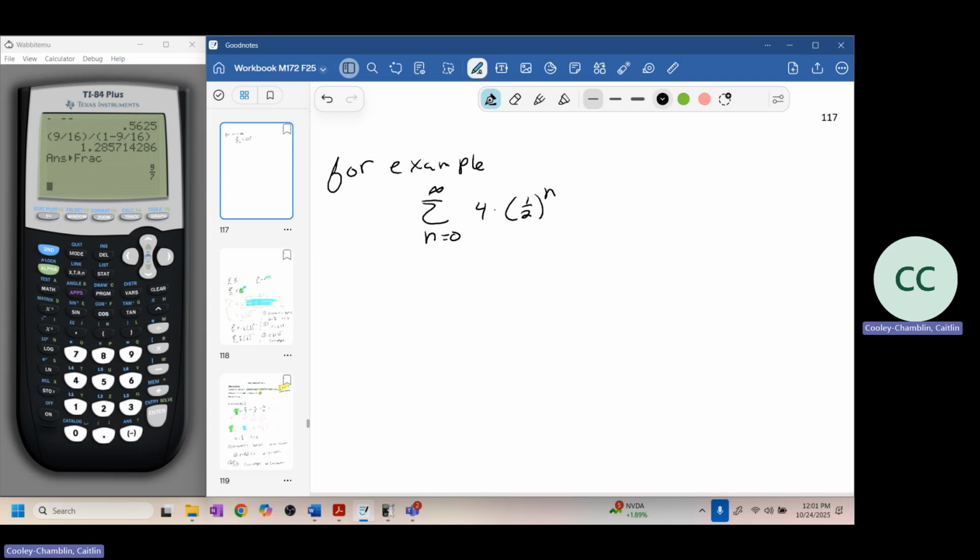We really want to get this in the form n minus 1. So I would just plug 0 in, and we get 4 times 1/2 to the negative 1, then plus the summation of n equaling 1 to infinity of 4 times 1/2 to the n minus 1.